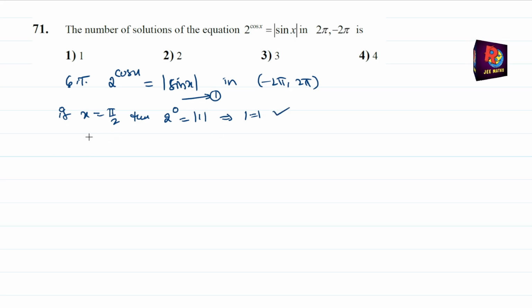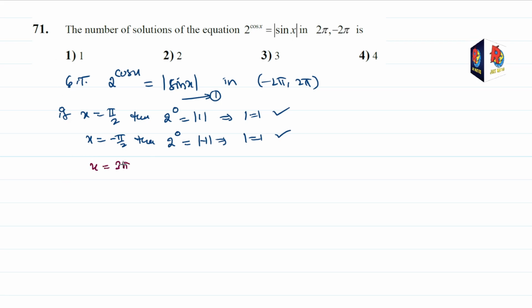Next, if I take x equals minus pi by 2, then again it will be cos of minus theta, cos theta only, so 0. And sine of minus 90 is minus 1, the modulus will cover it, therefore 1 equals 1, satisfying. So x equal to pi by 2 and x equal to minus pi by 2 are both satisfied.